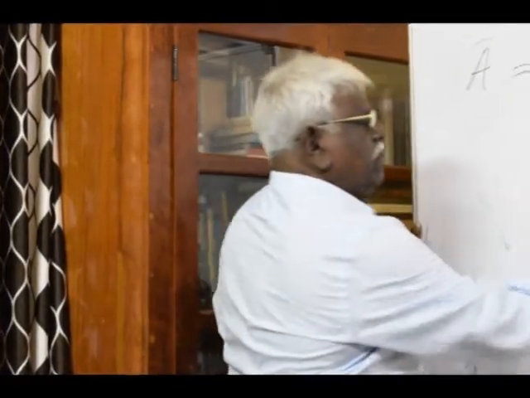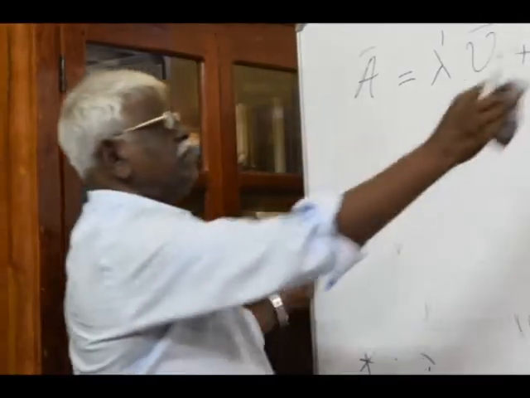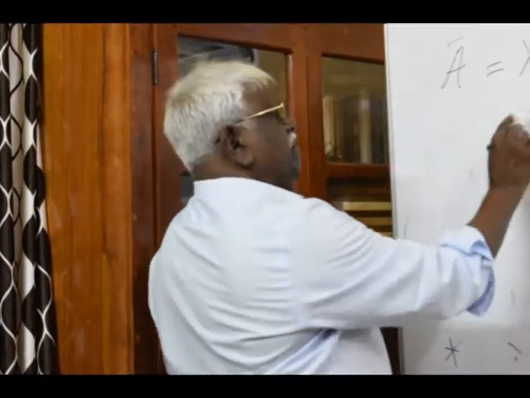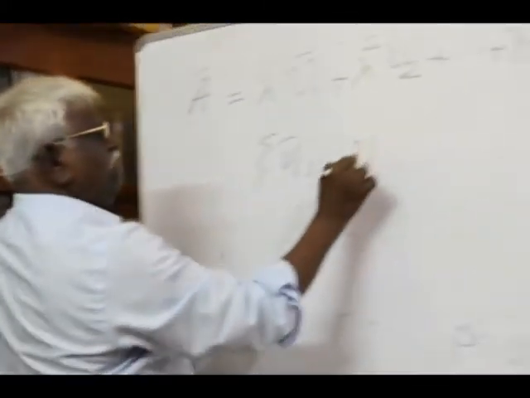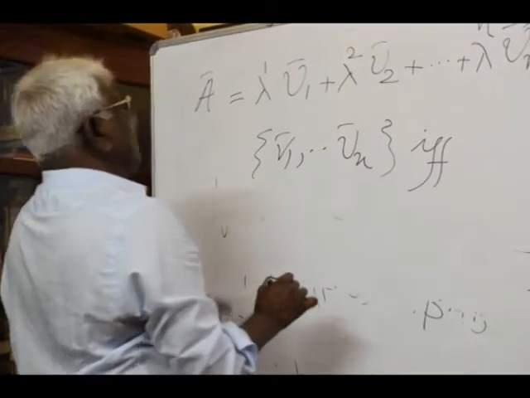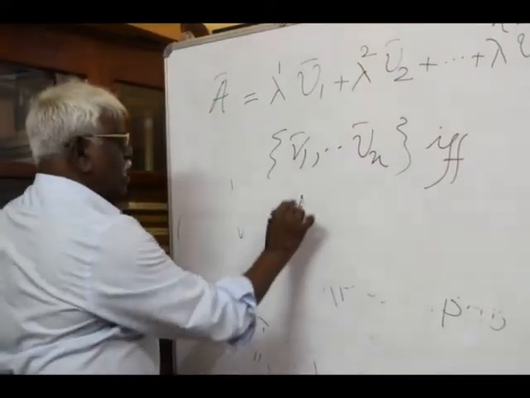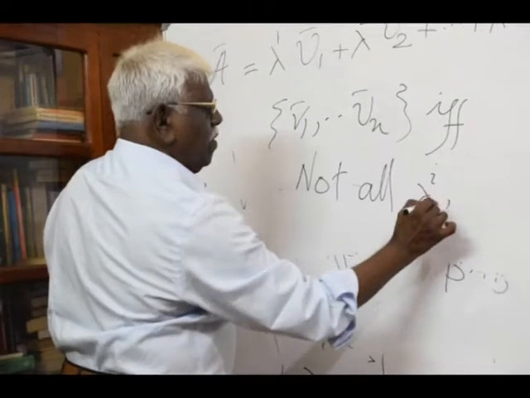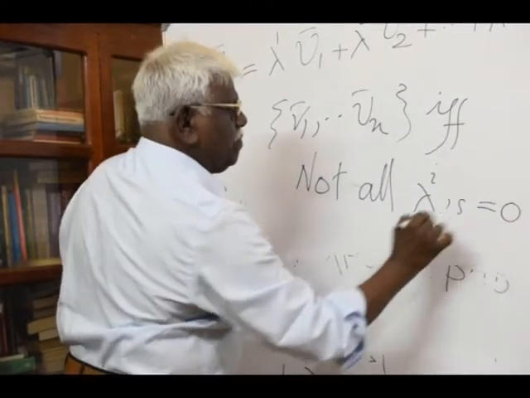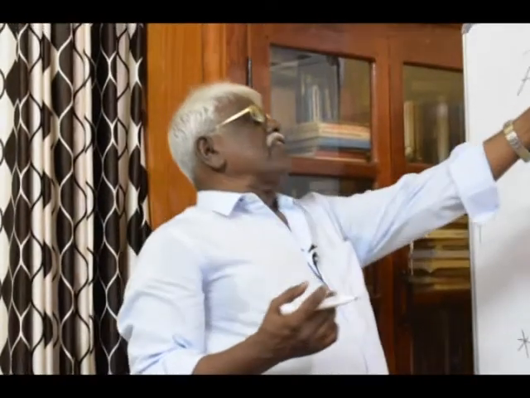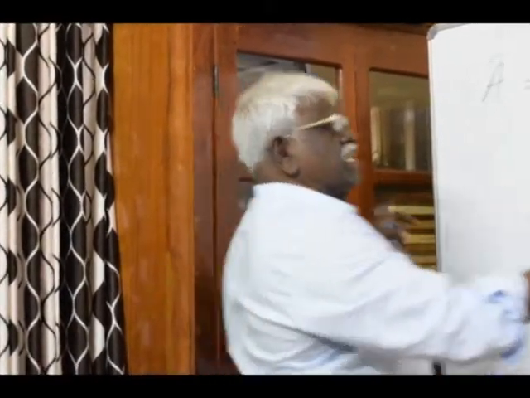Then this set of vectors v1 etc. vn is said to be linearly dependent if not all lambda i's are 0.